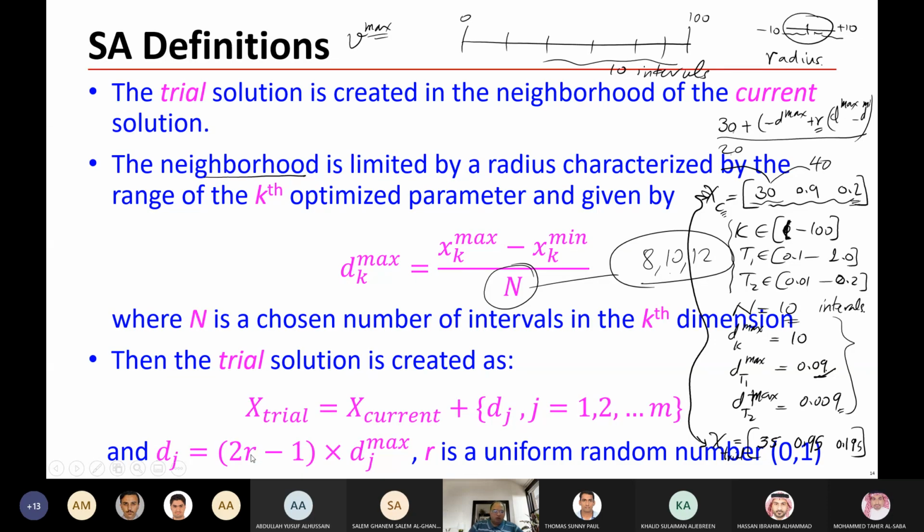If r equal to 0, then we have minus d max. If r equal to 1, then we have d max. If r is 0.5 for example, then this becomes 0. يبقى الترايل solution هو نفسه الكرنت solution. In this dimension, طبعا at each dimension you create another random number. So with this rule you can create the X trial in the neighborhood of X current.